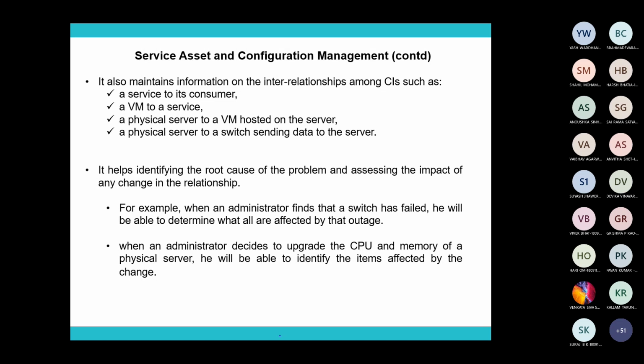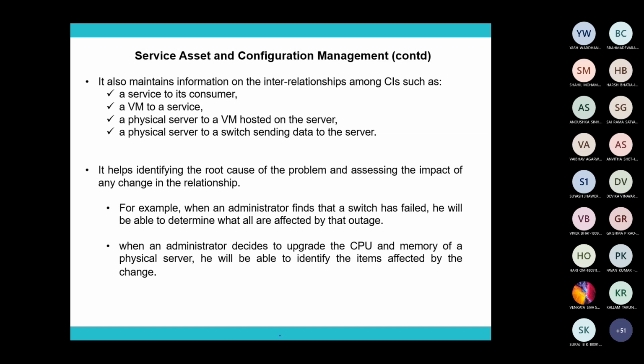So what is the use of these dependencies or interrelationships? Whenever a particular component fails, say a switch is malfunctioning, we will come to know that it is going to affect all the servers connected to that particular switch.